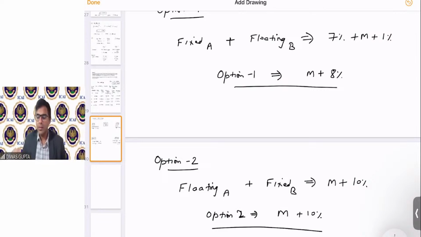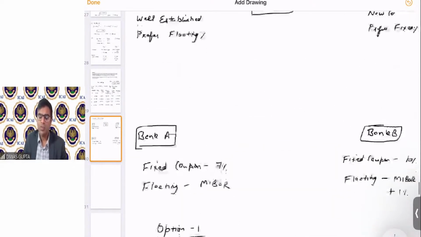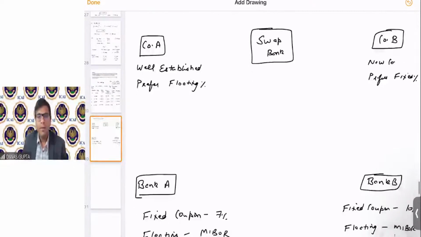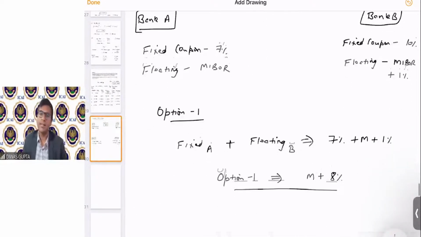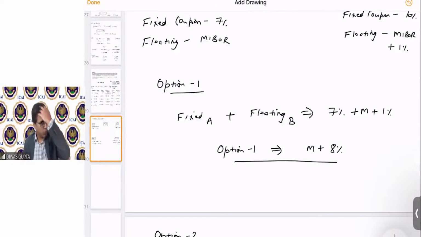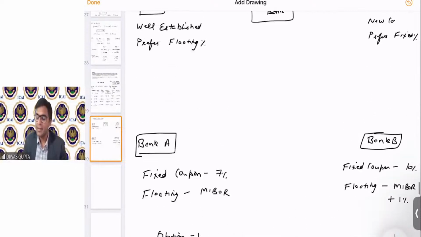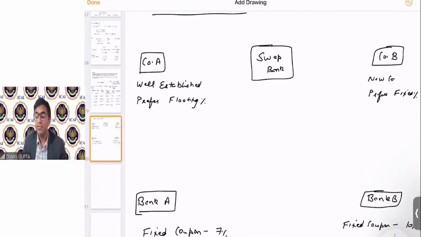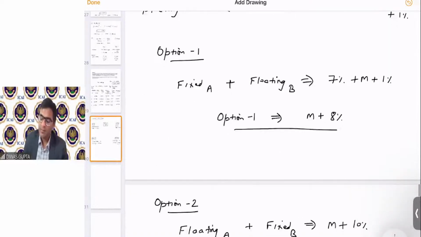Now, students, see what Swap Bank will think. Swap Bank is saying, I understand Company A that your preference is to borrow on a floating basis, but what you do, you borrow on fixed basis. I will make your fixed loan into a floating one. Similarly, it also says to Company B that I understand that your preference is to borrow on a fixed basis, but you borrow on a floating basis.